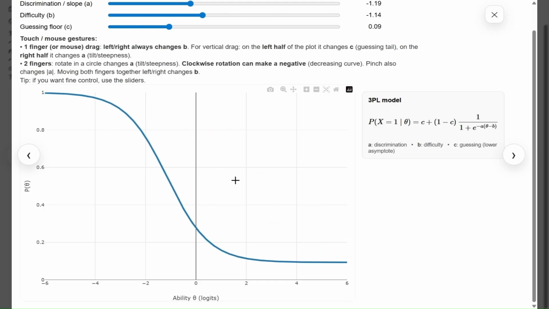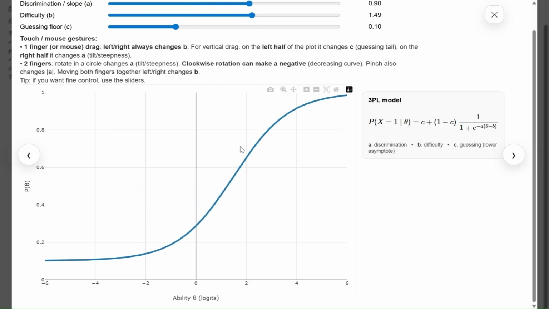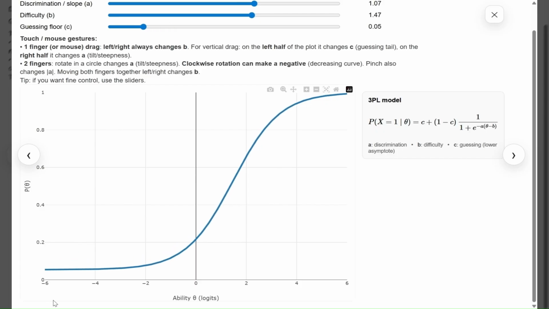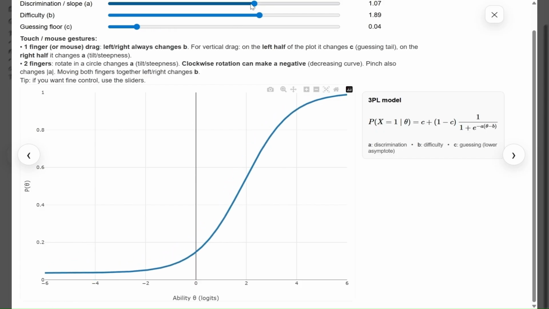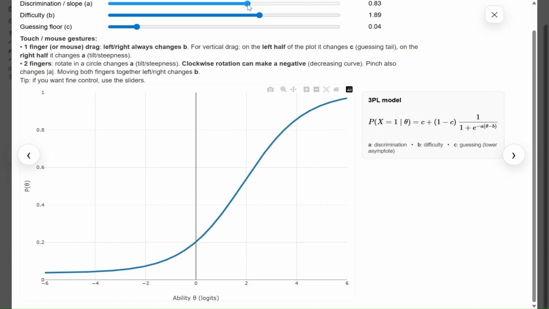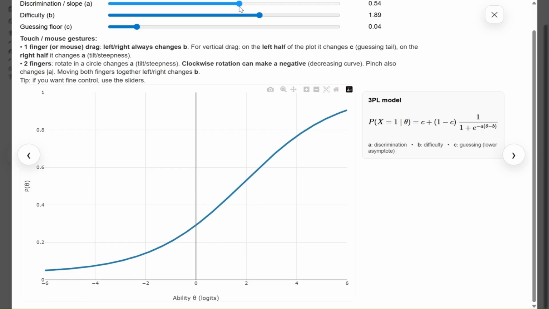So a three parameter logistic is the family of curves that can change by all of these factors. So it's a more flexible family of curves. It's not as rigid as the Rasch model, which fixes the discrimination and the guessing at 1 and 0 respectively.